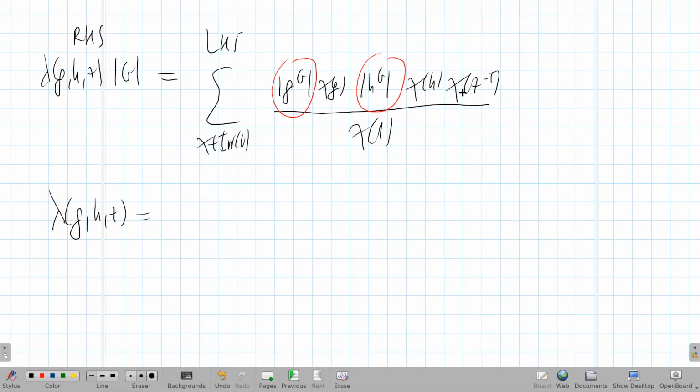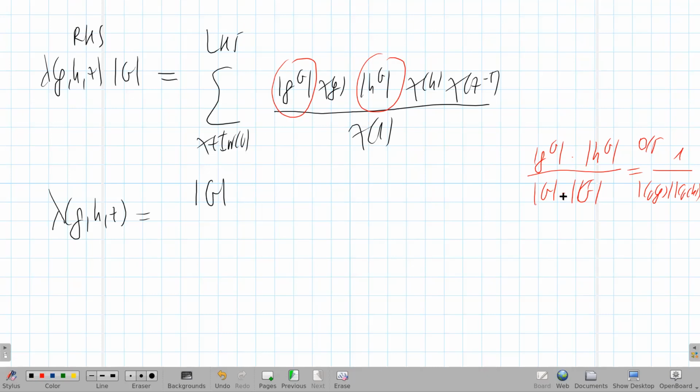Let's leave the other parts unchanged, but note that the red part, if you divide it by the order of G times the order of G, again, orbit stabilizer tells you that you have the one over the centralizers. It's the usual orbit stabilizer. So we divide by the order of G. We have just one order of G, so we have to add another order of G, because we have only one here.